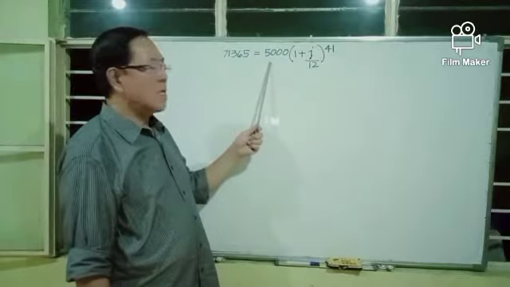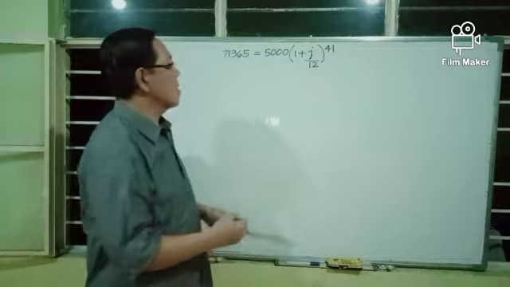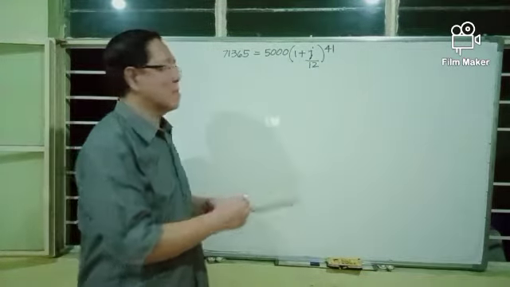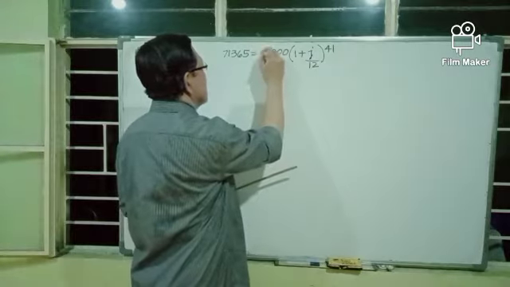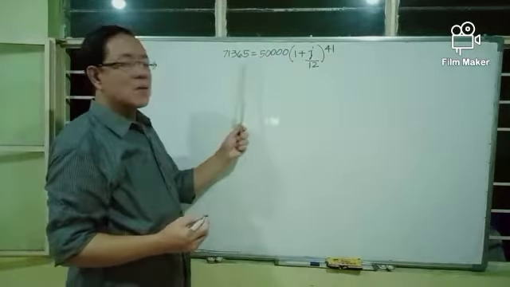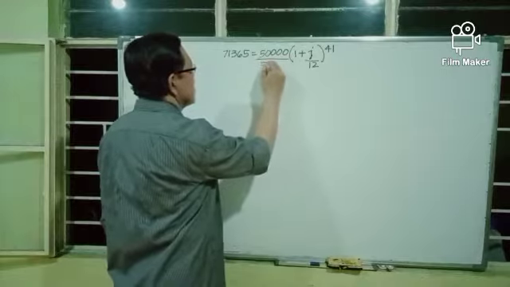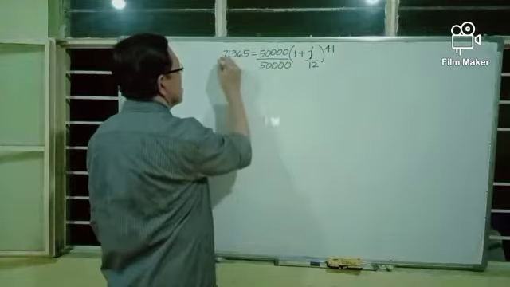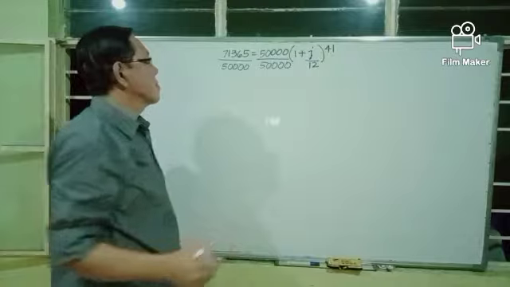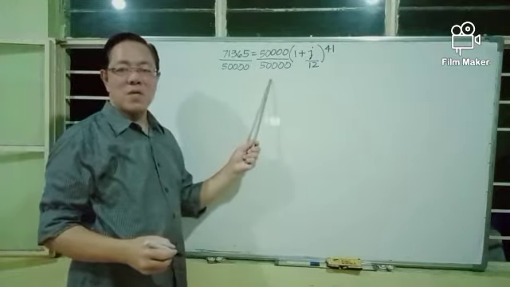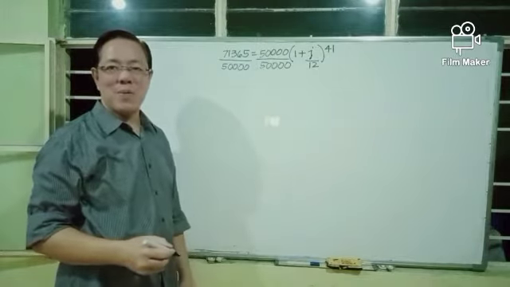So we start eliminating 5,000 by dividing both sides by 5,000. This is 50,000. Divide both sides by 50,000. And 50,000 over 50,000 is 1, or just cancel out 50,000 over 50,000.